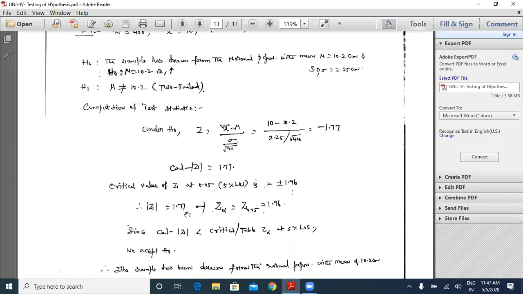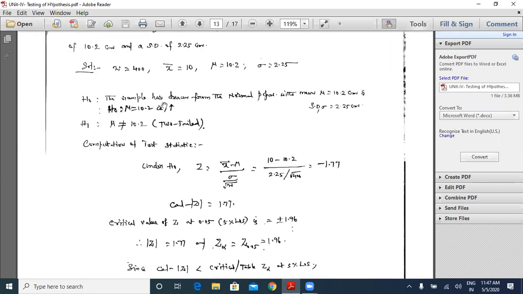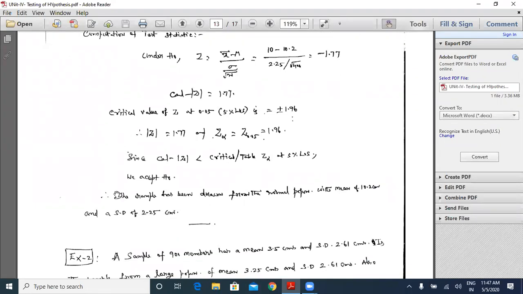This is from the table. Since the calculated modulus of Z, 1.77, is less than 1.96, we accept H naught. Accept H naught means whatever you are assuming under H naught: the sample has been drawn from the normal population with the mean mu 10.2 centimeters and SD sigma 2.25. This is the way of writing the conclusion, and these are the various steps involved in solving a problem.